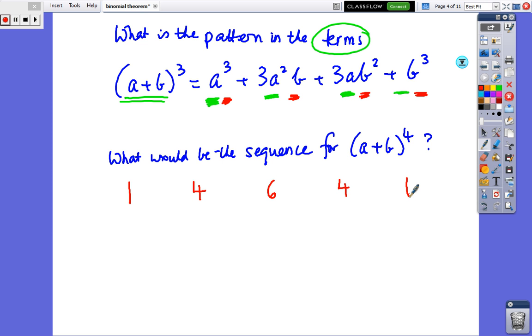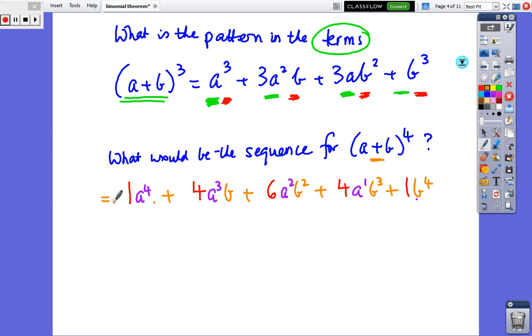Then we have 4 A's, 3 A's, 2 A's, 1 A, no A's, and no B's, 1 B, 2 B's, 3 B's, 4 B's. Because the question had a plus, we can just put pluses all the way through. When we have minuses, we'll fix it up. And so that's what the expansion is.